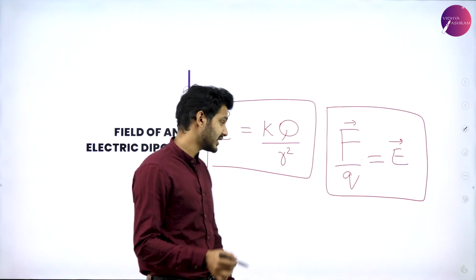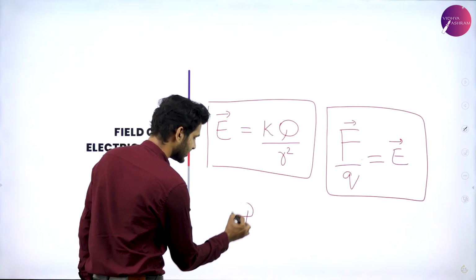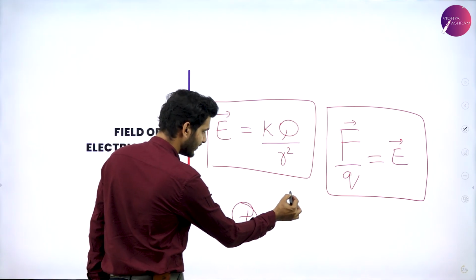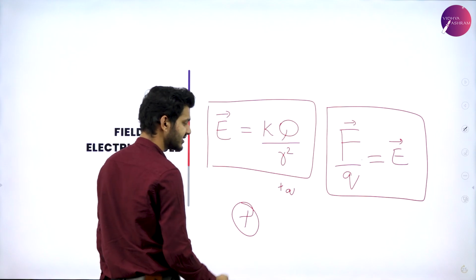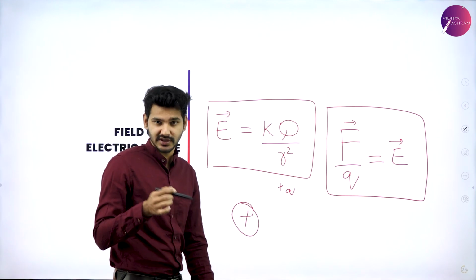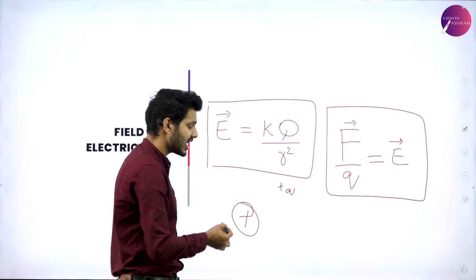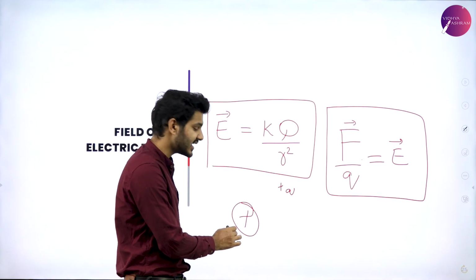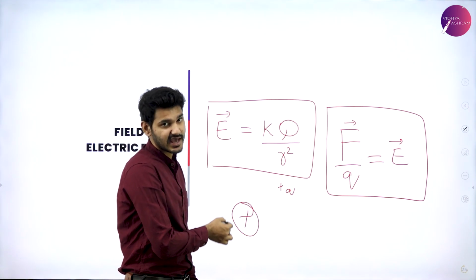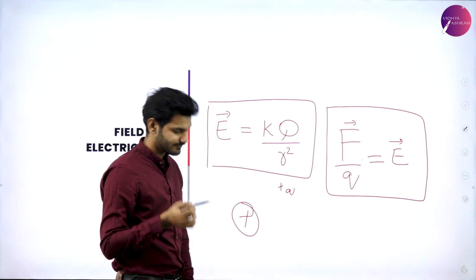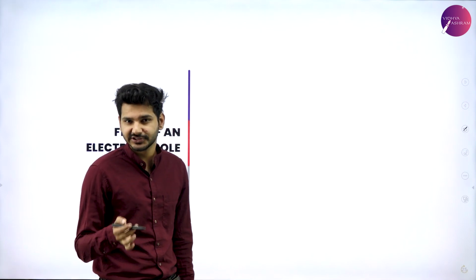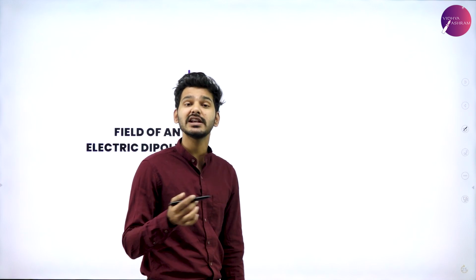If we place a charge like this and bring a unit positive charge, this unit test charge will experience a force. This will be experienced only within the region where this charge can exert its influence, and that is known as electric field. Now, what if there are not just one charge, but multiple charges?